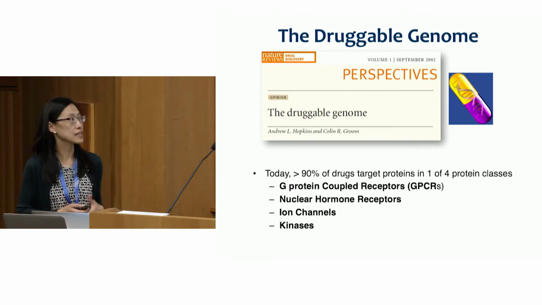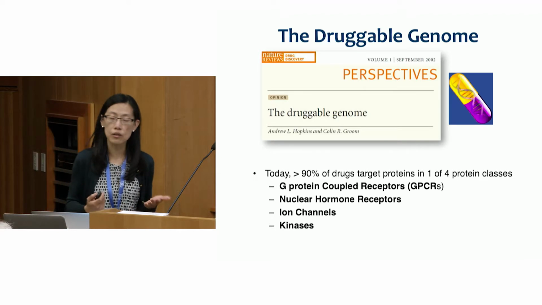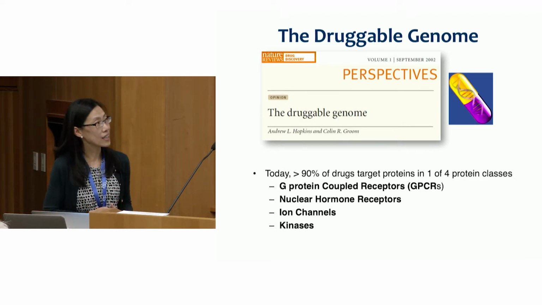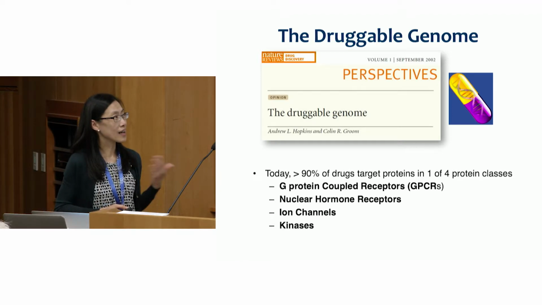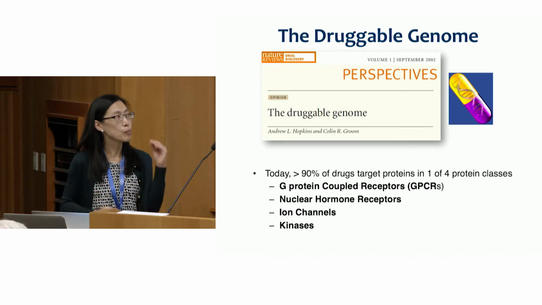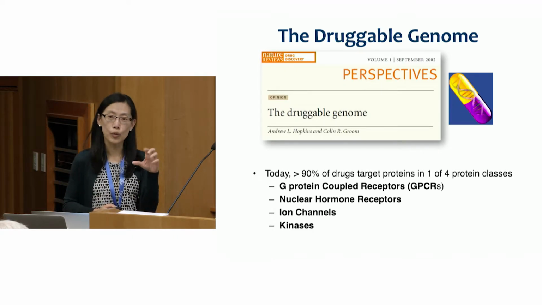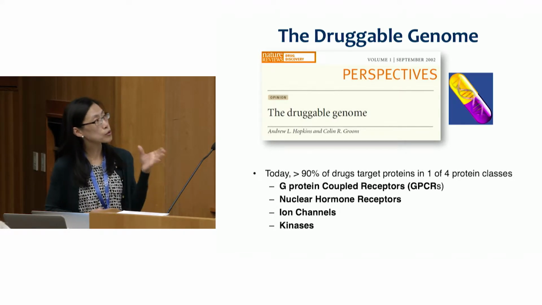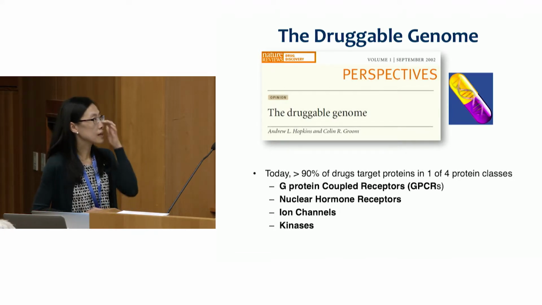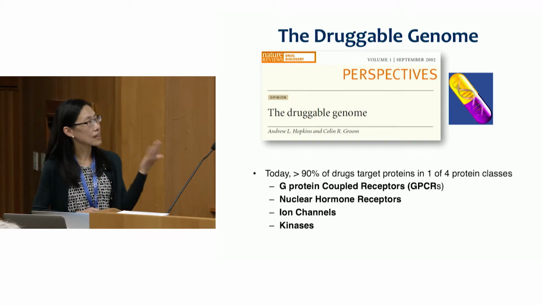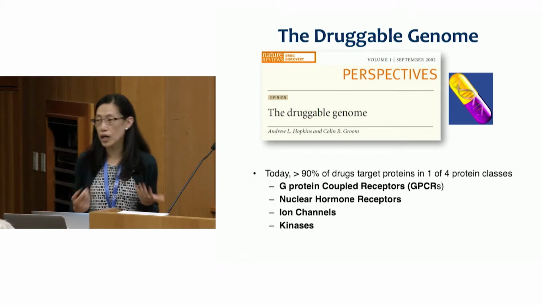One is that these proteins usually play very important physiological roles and have diverse functions in the cells. But also, these proteins have more obviously druggable small molecule binding pockets, so they are targetable. So these 4 protein classes are dubbed the so-called druggable genome.